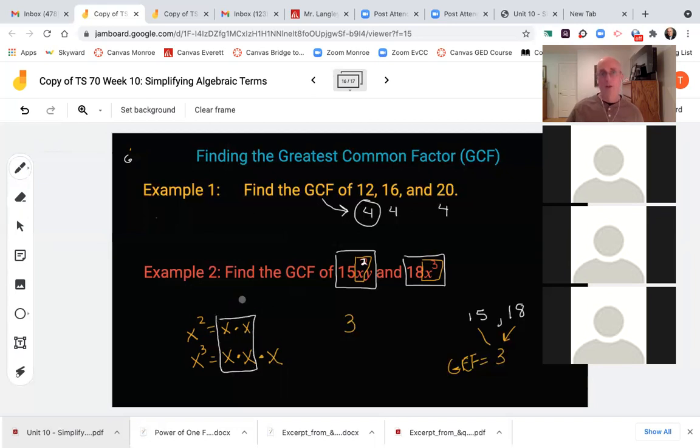X squared. That's what they have in common, okay? They both share this, okay? So my answer would be 3x squared. That's what they have in common, okay? When we're talking about greatest common factors, okay? We're going to need to do a couple more of those, and we have what? We got 10 minutes. Let's do a couple more to review that. Give you a moment to finish copying what I just wrote.